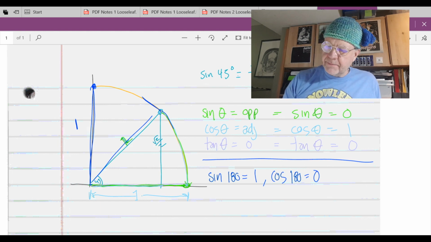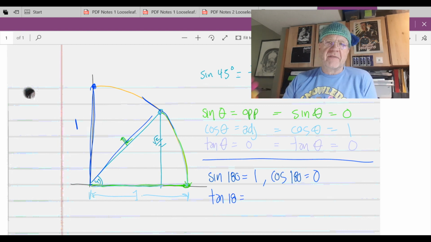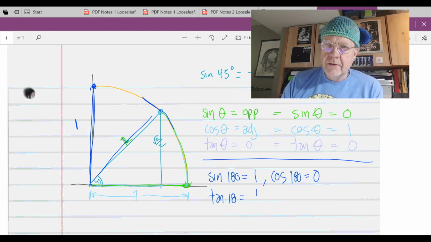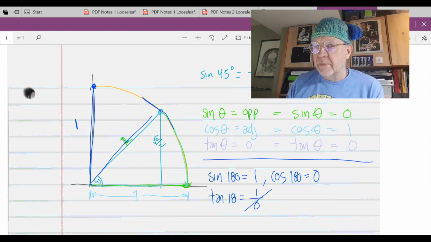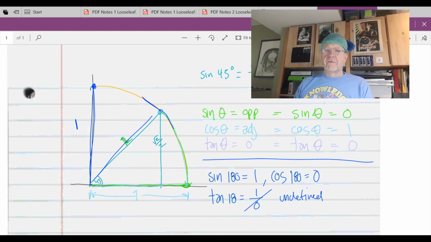And finally, tangent of 180. Well, tangent of 180, remember, or the tangent of any function, is opposite over adjacent. Well, the opposite side is 1. The adjacent side has a length of 0. What's any number divided by 0? Undefined. There is no value for tangent of 180.